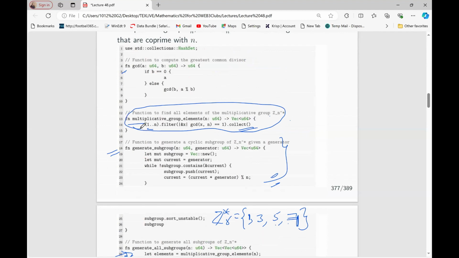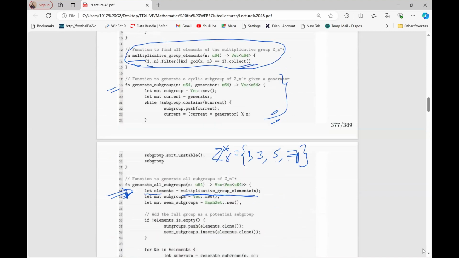That is that group, the one with a list of only those which are relatively prime. So this one is referring to that. It has copied those elements there.